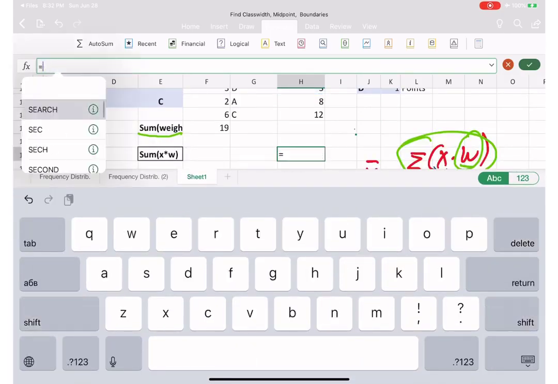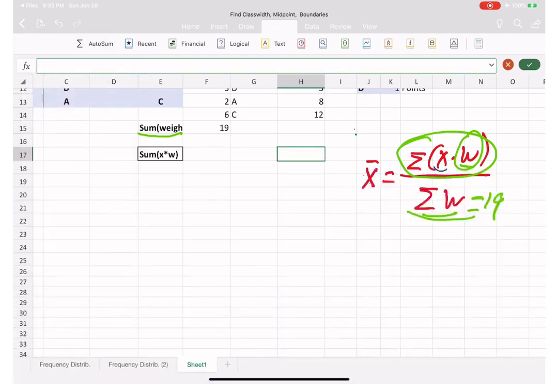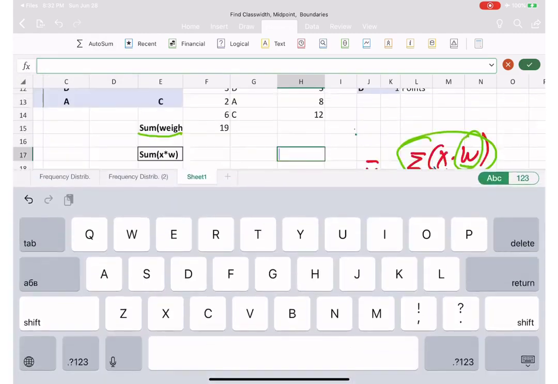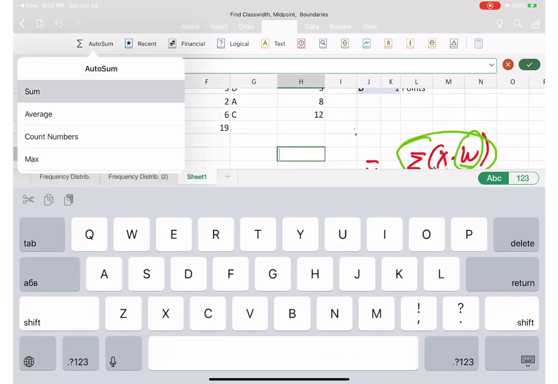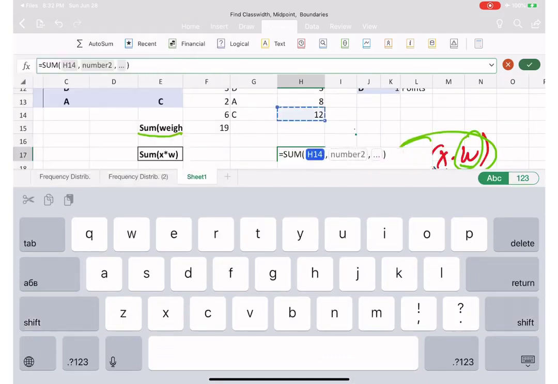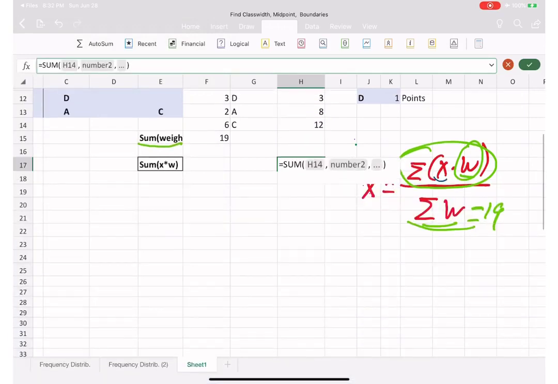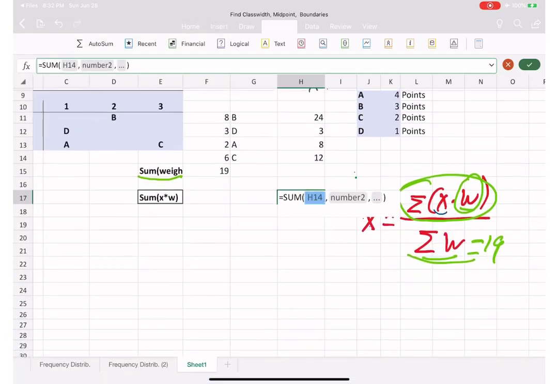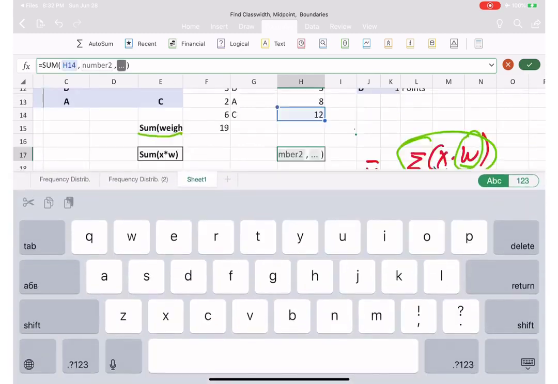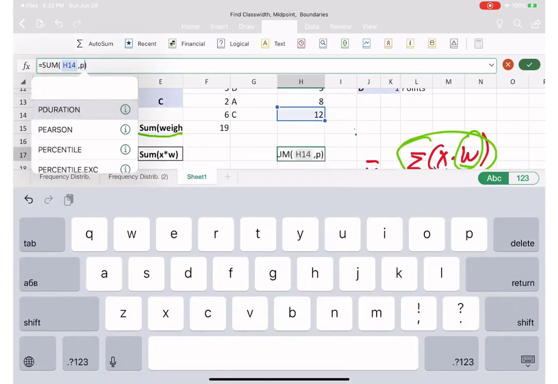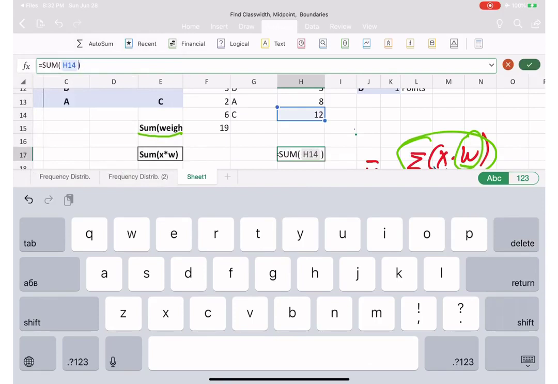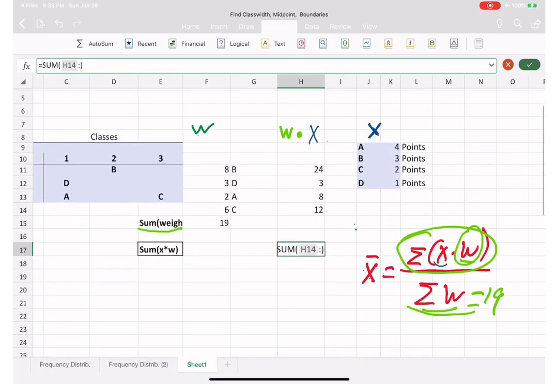Sorry, I'm working on iPad, Excel on iPad. So it's going to be sum of this, okay, and let me see, double, okay, colon, and the last number is going to be this one.